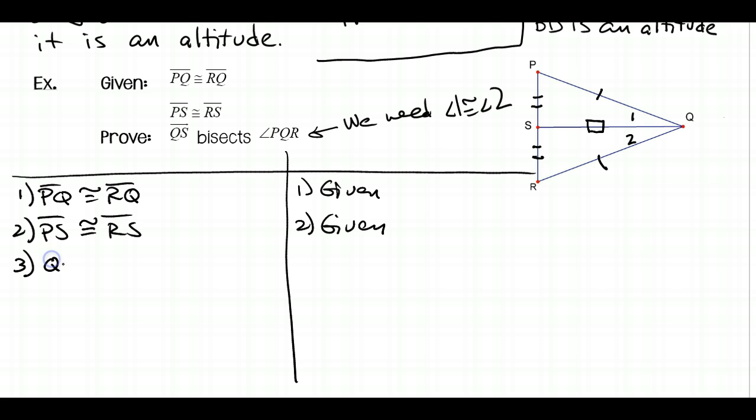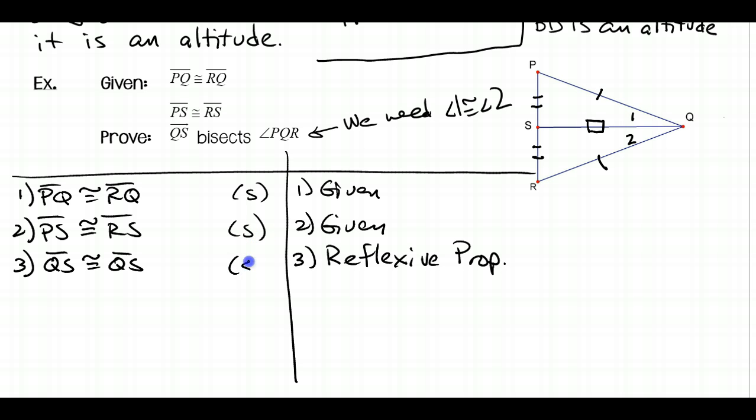So I've got QS congruent to QS, and again this is one of our exceptions, so I can say reflexive property. So here's a pair of sides, here's another pair of sides, and this is the third pair of sides. These are optional, and really in this proof we don't need them because there's only 3 steps to get to the triangles congruent.